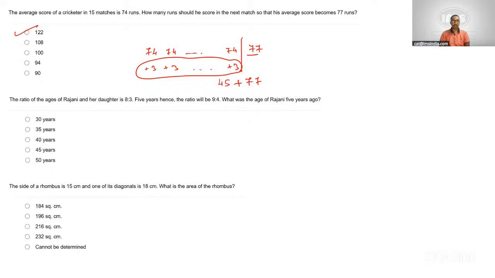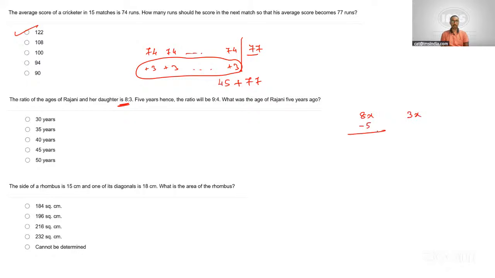The ratio of ages of Rajni and her daughter is 8 is to 3. 5 years hence, the ratio will be 9 is to 4. What was the age of Rajni 5 years ago? Okay, today the ages are in the ratio 8 is to 3, correct? So 8x and 3x. 5 years ago would be minus 5.